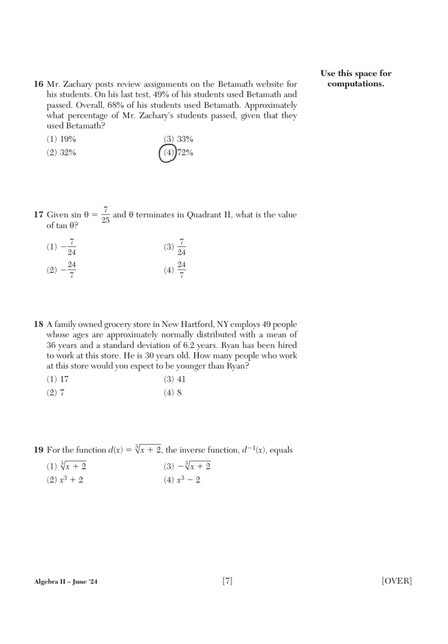Okay, so if you read this through, they're telling you that 49% of the students use beta math and passed. So I'm going to use B for beta math and P for passed.